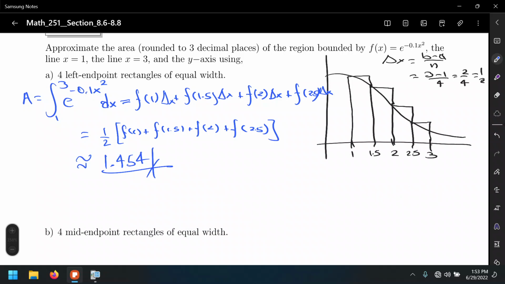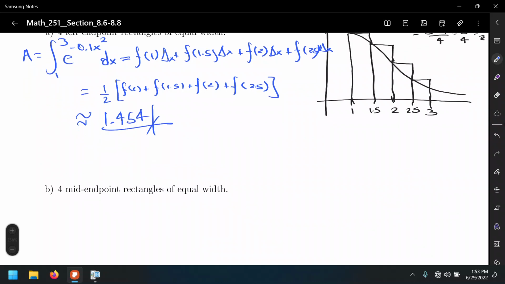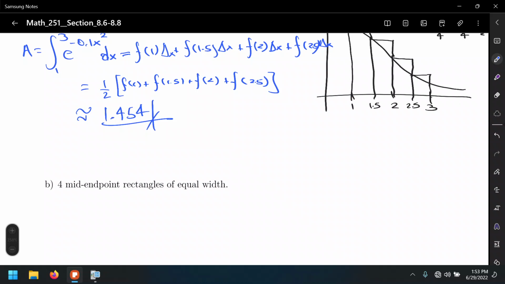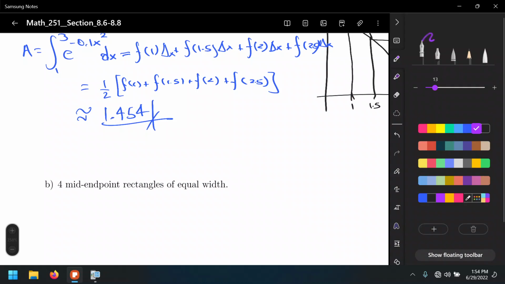All right, okay, 4 midpoint rectangles of equal width. Well, in this case we need to find the midpoints of every single point that we have labeled for the x's. That is, the midpoint between 1 and 1.5, we obtain it by adding 1 plus 1.5 and dividing by 2. So let me use a different color here.